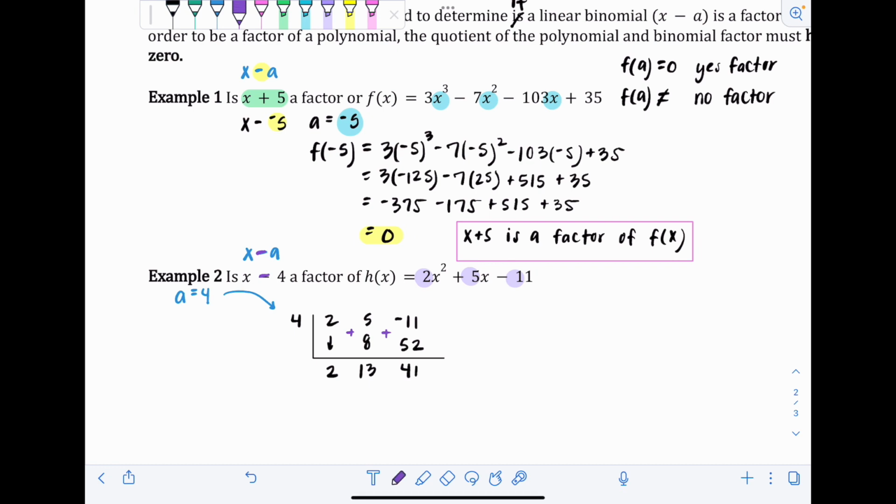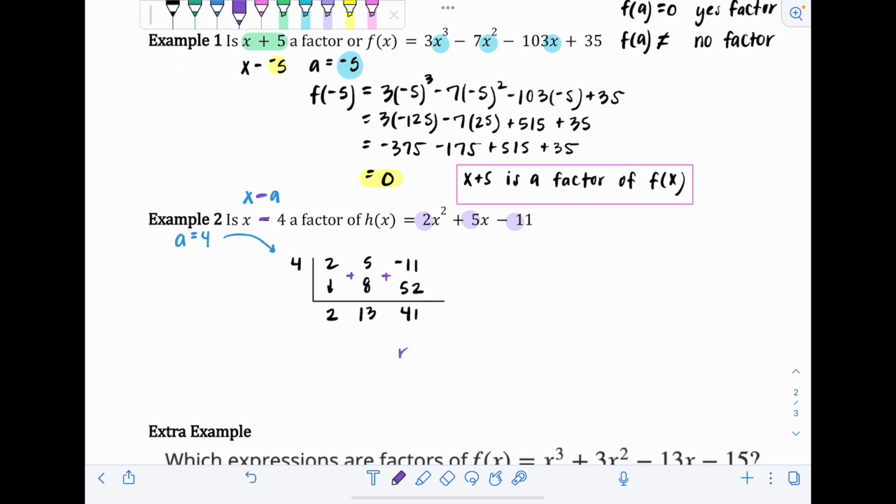And then for synthetic, we start on the right side with the remainder, and then the next number would be the constant, and the next number would be the coefficient of x to the first power. But here I just really need the remainder. So the remainder is 41. You can even say r equals 41 if you want to, or you could just highlight it on our synthetic box.